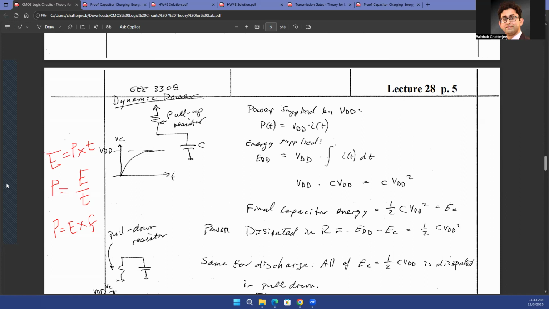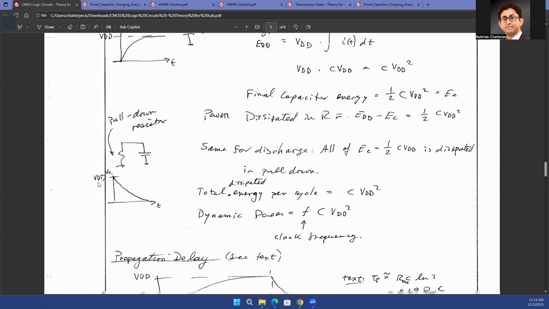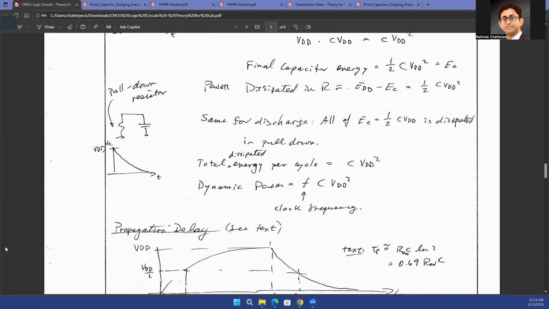But during the full cycle, your power consumption is CV squared F, not half CV squared F, because you have half CV squared energy during charging and half CV squared energy during discharging. So dynamic power in any digital circuit is F C VDD squared, or CV squared times F. That's the formula for dynamic power in a digital circuit.